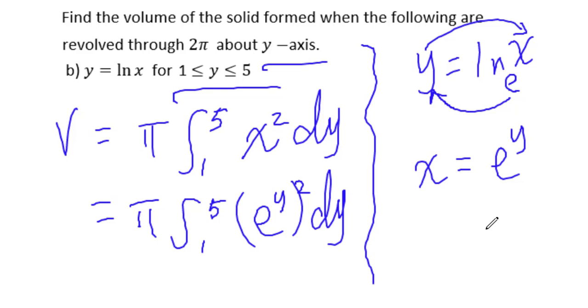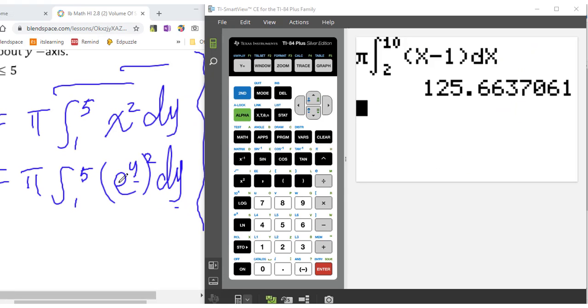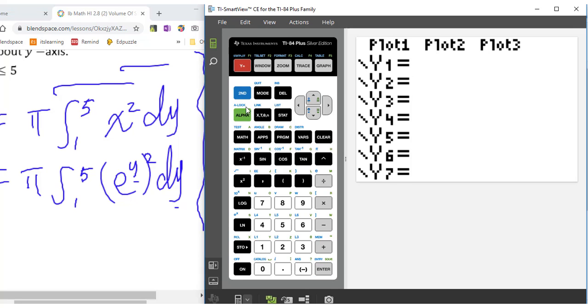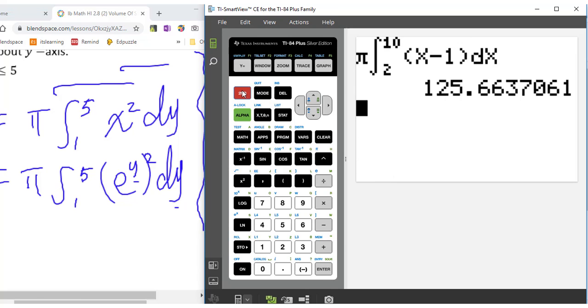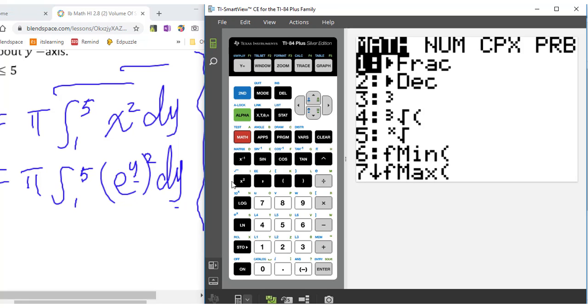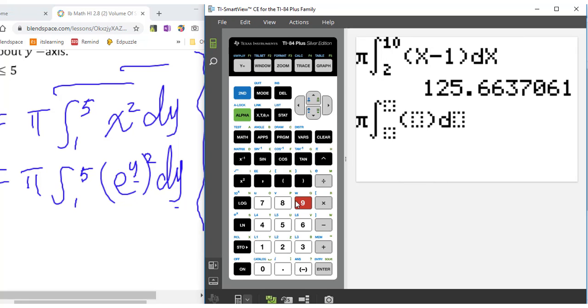Then we will put this function into the calculator. Remember, for this y, you need to change it into x. This time, e to the y's power, let's put into y equals. We will do second divide, then x power, then quit. We will do second power, that's pi, times math, 9, from 1 to 5.